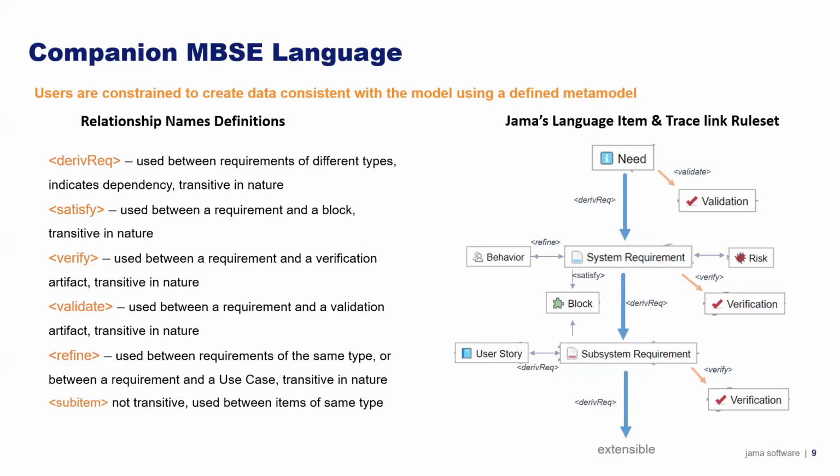Jama Connect automatically chooses the correct relationship name for the user. Users do not need to know any syntax or language. They just associate one element with another, and Connect applies the pre-configured trace rules to those elements. You can also easily extend these data element types and relationship names by creating your own.